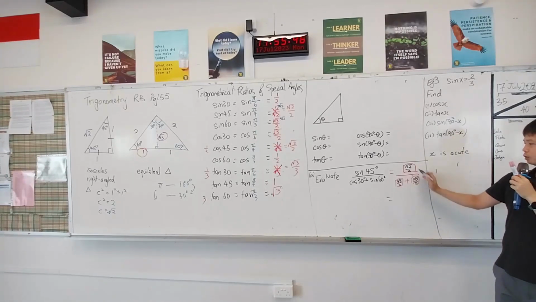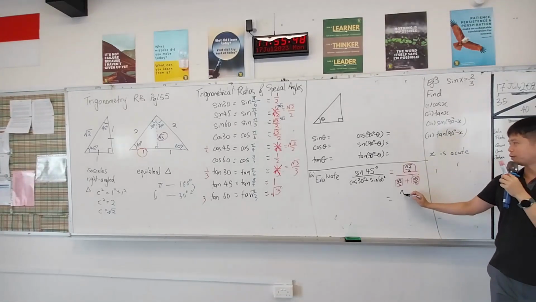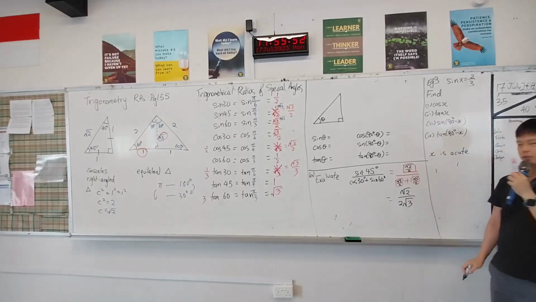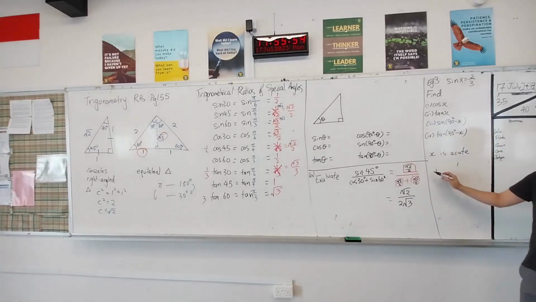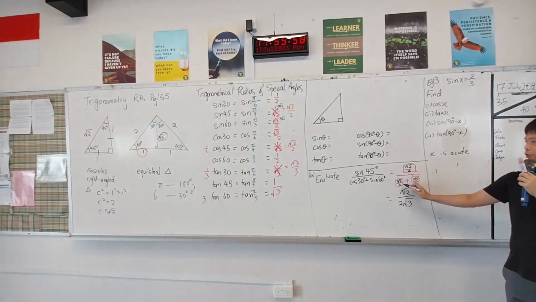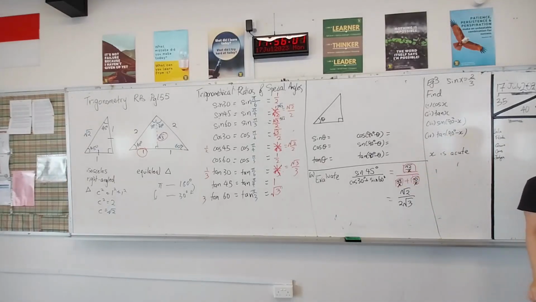So you know that this disappears. So I will have square root 2 over 2 square root 3. Okay, why? This is over 2, over 2, over 2. So the over 2 over 2 over 2, logically speaking, should cancel off. If you don't know, you just do the super long method, just cannot use calculator, that's it.